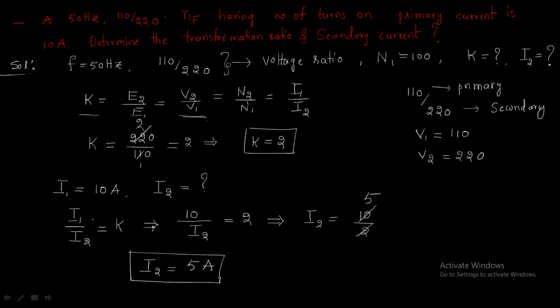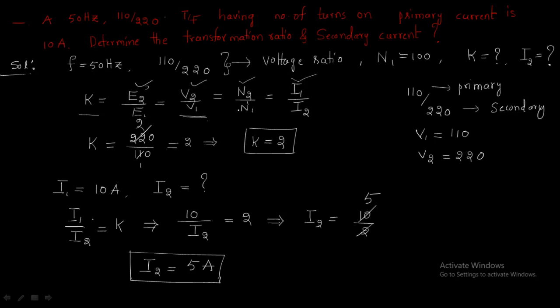So this is the procedure to do any problem regarding the transformation ratio, turns ratio, voltage ratio and current ratio. E2 by E1 is the voltage ratio, N2 by N1 is the turns ratio, and I1 by I2 is the current ratio.